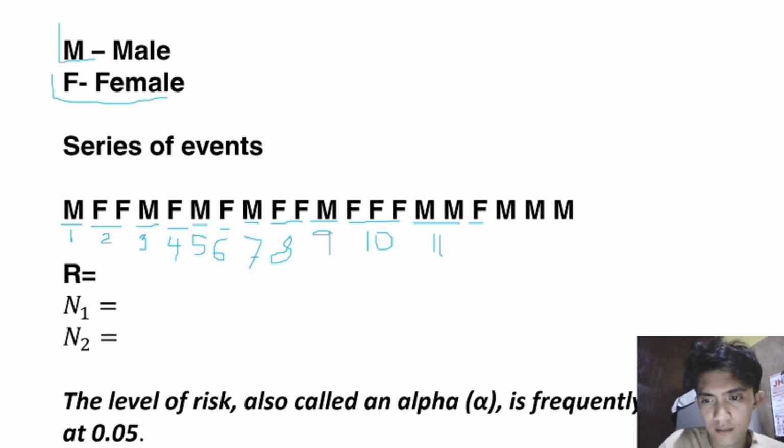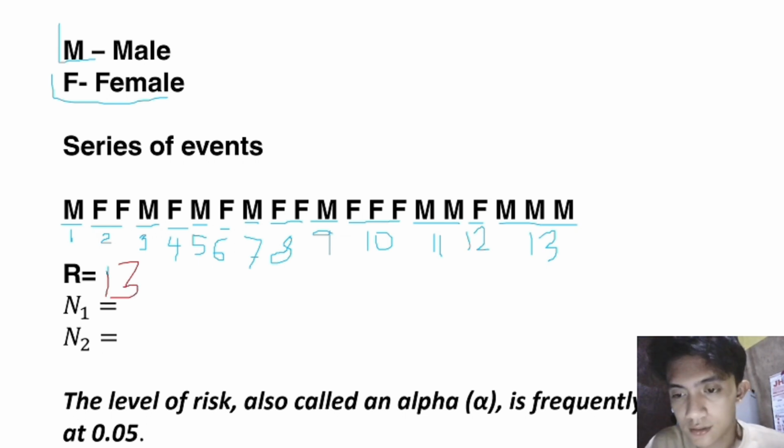Then female, it changed, so that is the 12th run. And these three M's are the same, so that is the 13th run. So, the number of runs R is equal to 13.